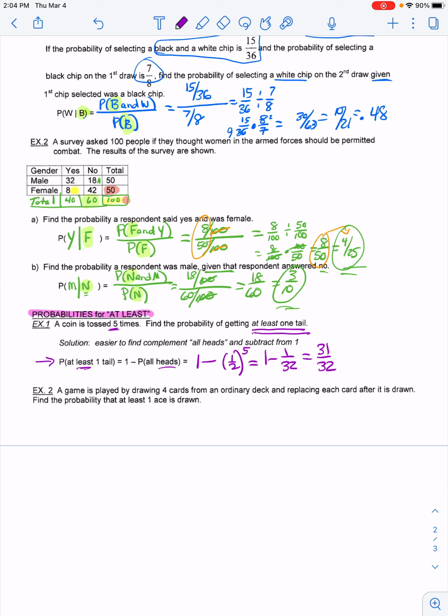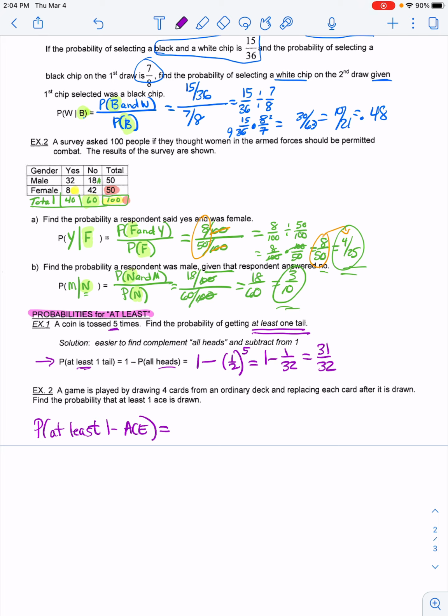And then what else do we have here? A game is played by drawing 4 cards from an ordinary deck and replacing each card after it is drawn. Find the probability that at least one ace is drawn. All right, so we want to do probability at least one ace.